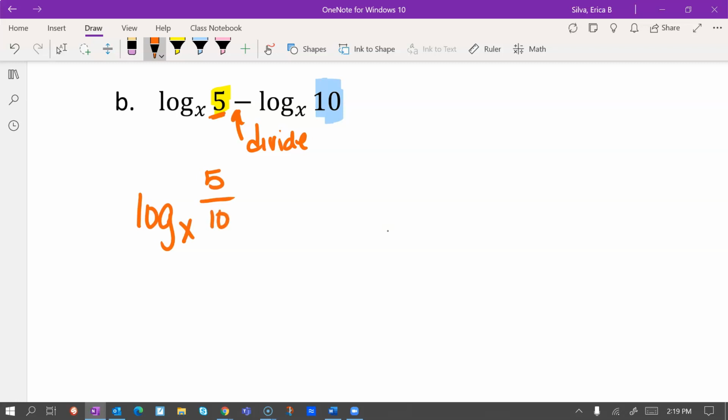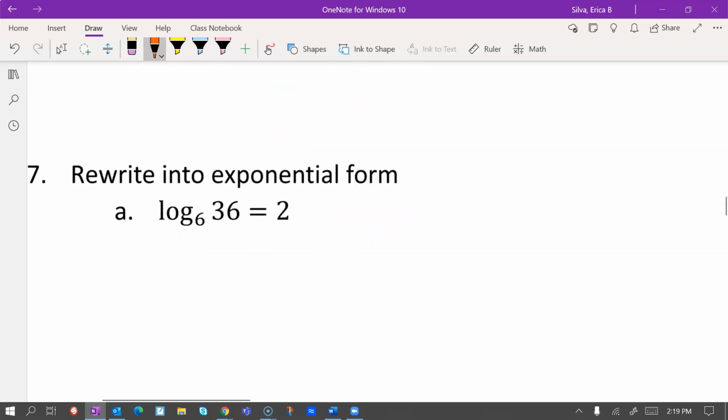The second number will be my denominator. You may be asked to simplify. So this could actually look like log base x of 1/2. Any questions? Okay, let's go on to the next one.